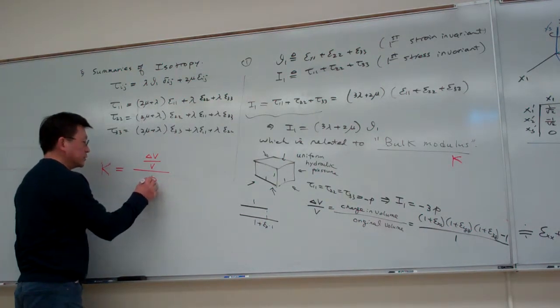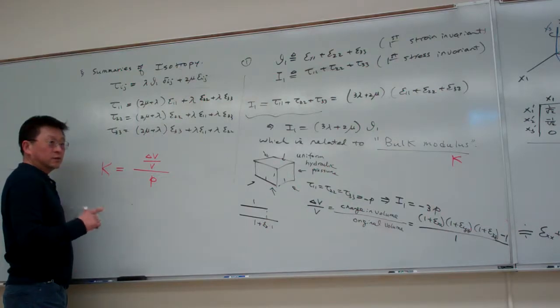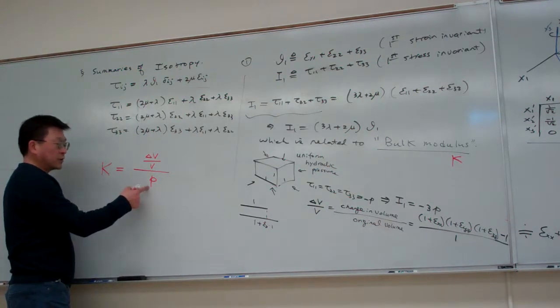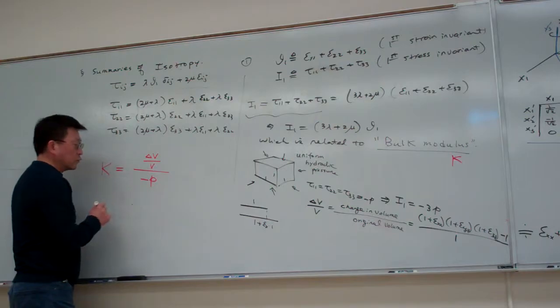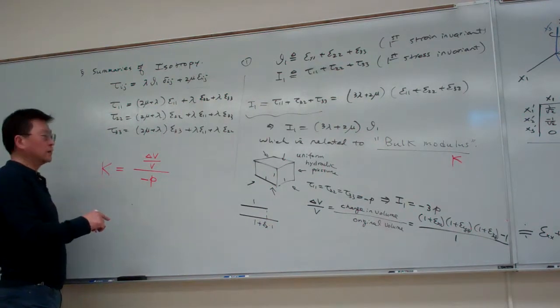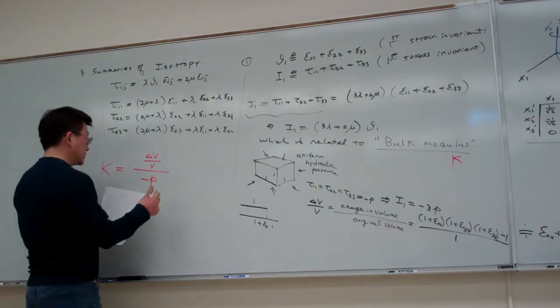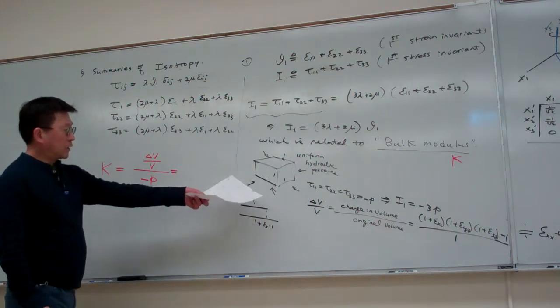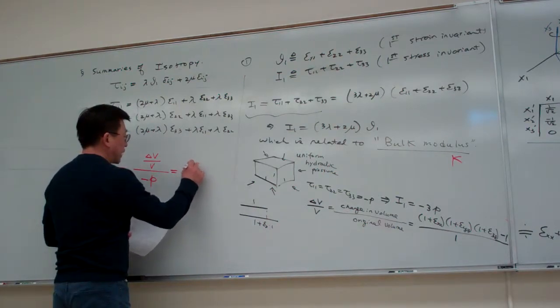Now the pressure is in this magnitude, compressive. In nature this number is negative, so artificially we put a minus here to get everything positive. Good? Under these situations, delta V over V is I1.